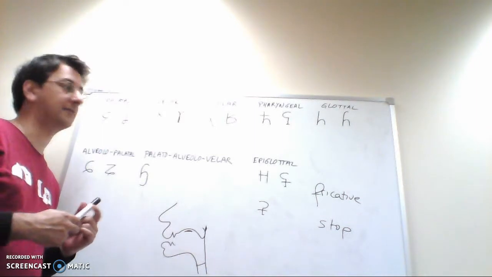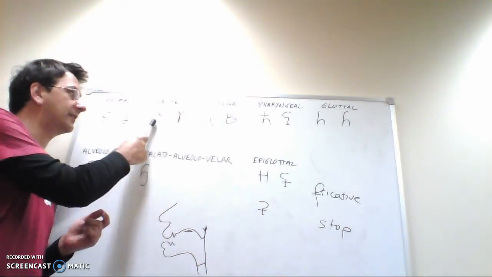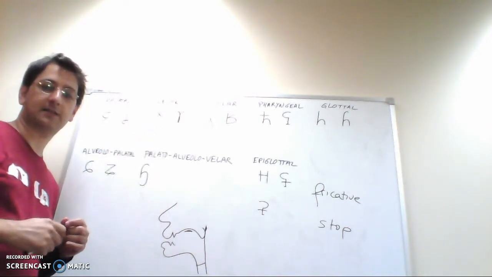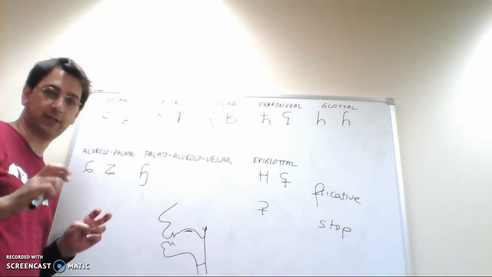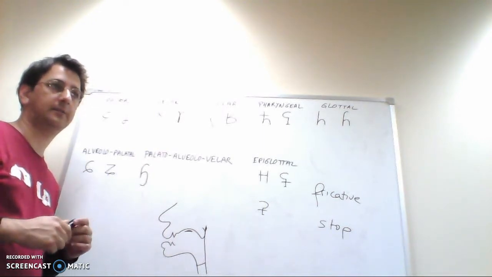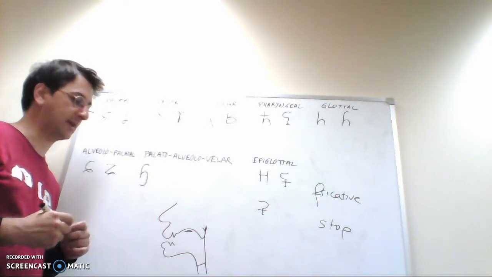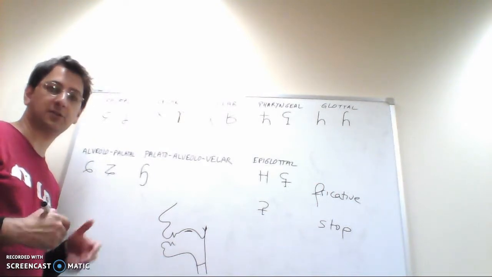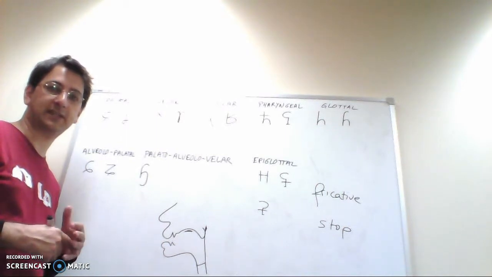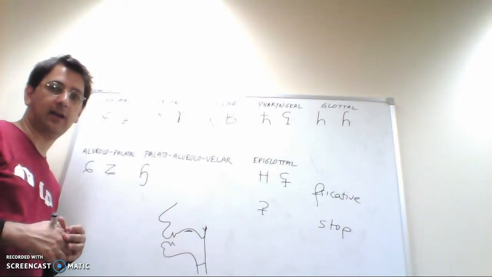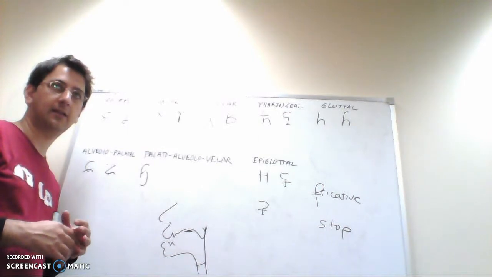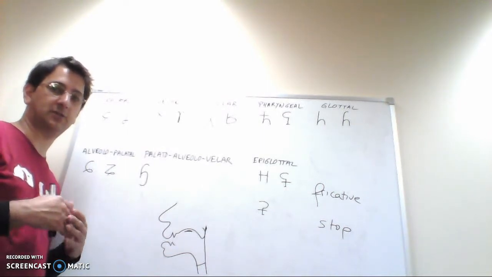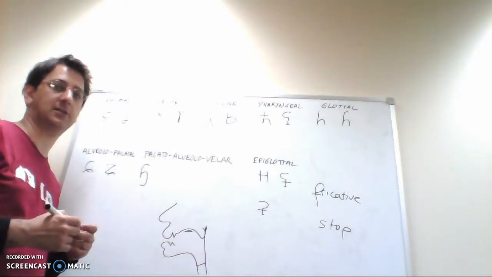Then we have velar fricatives. The voiceless velar fricative is like Spanish jota, right? So to make this, you can think of the place of articulation where you would produce a K, ka, alright? And then just, instead of making a full contact, try to make a fricative at that place of articulation.